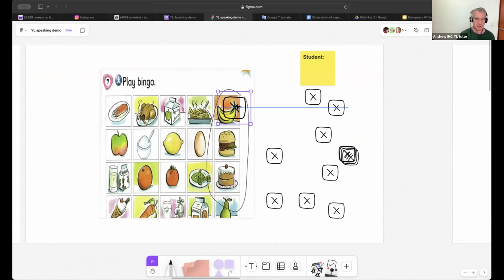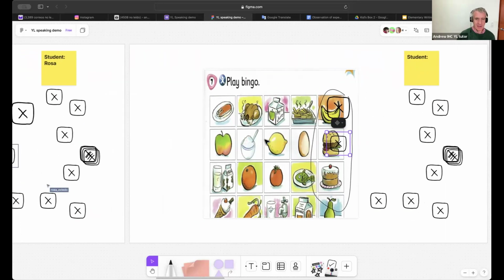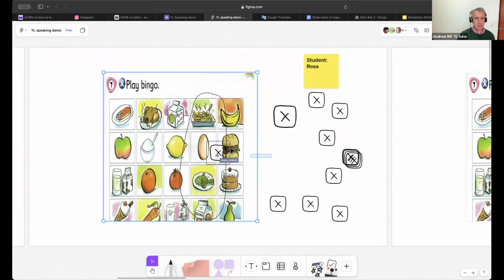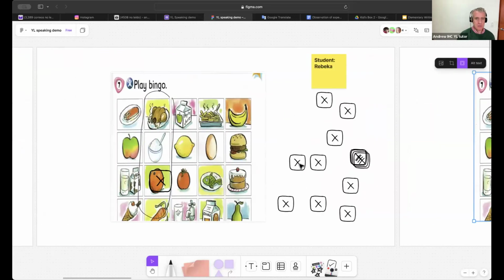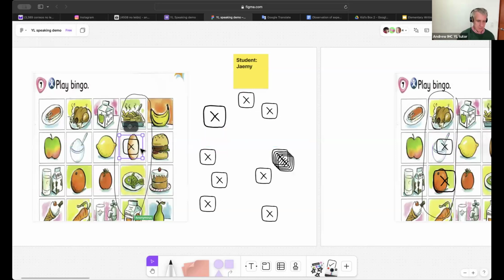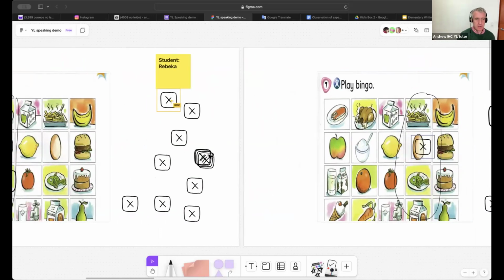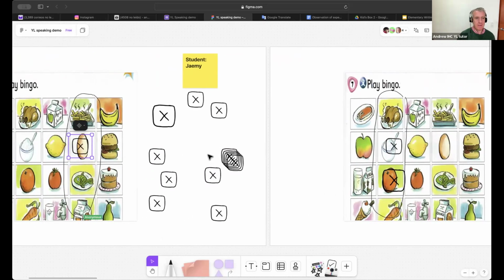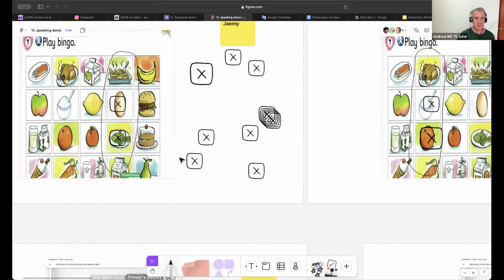Oh, I've got one there. Banana. I've also got hamburger. There we go. Egg. Good. Rice. Tomato. Or tomato, if you prefer. Fish. Cake.